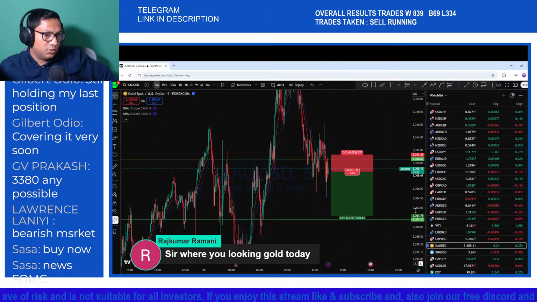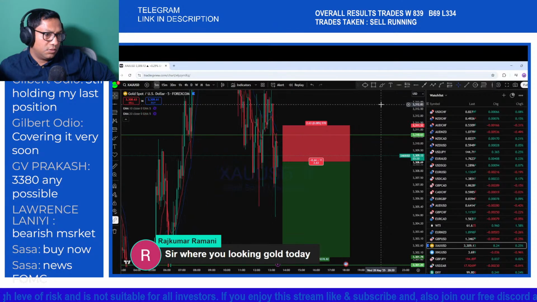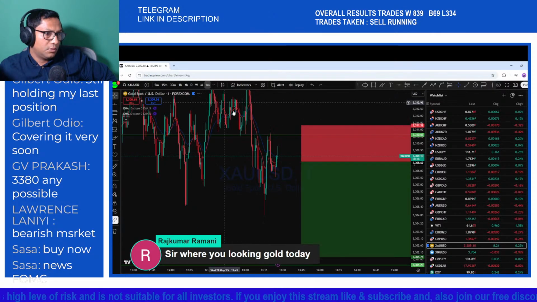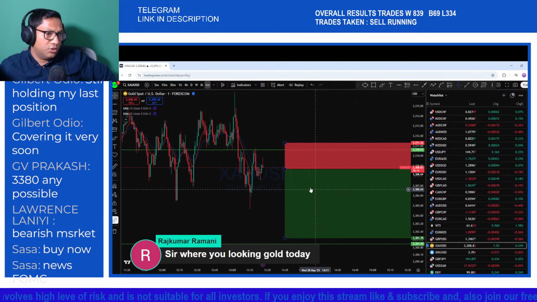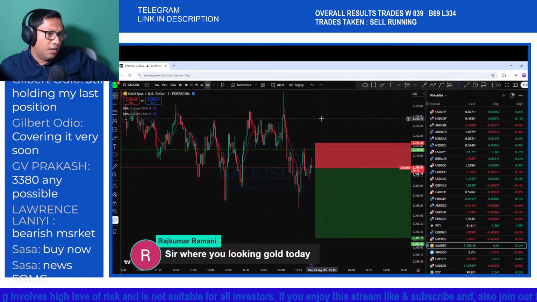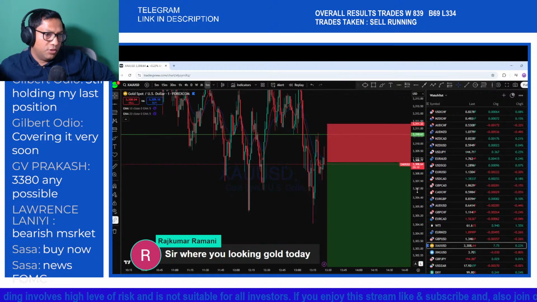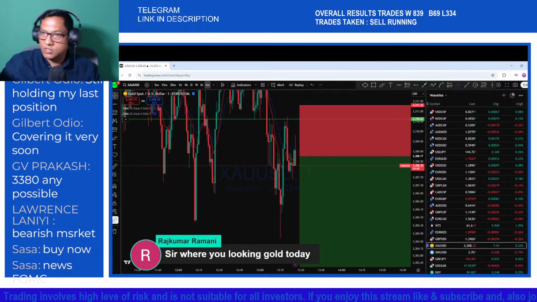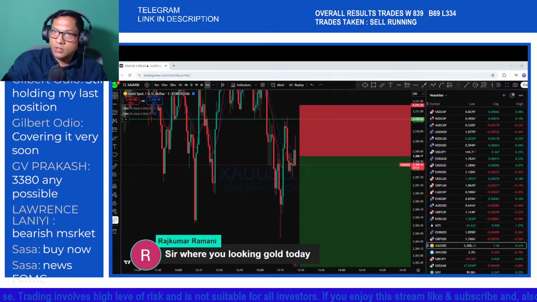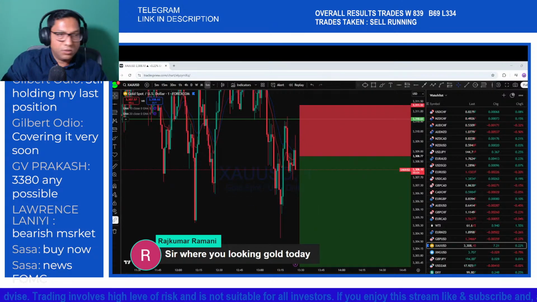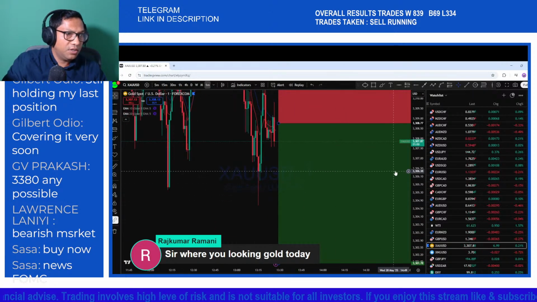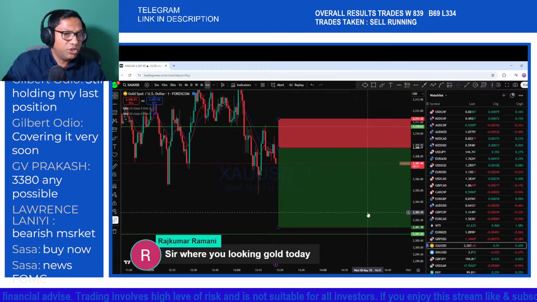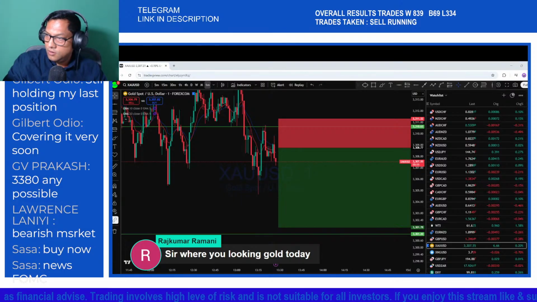So we need to see the market breaking below here with the trend, and that's where we can see the price come down to hit that level. We see there is a bearish candlestick pattern formation, holding on to that.